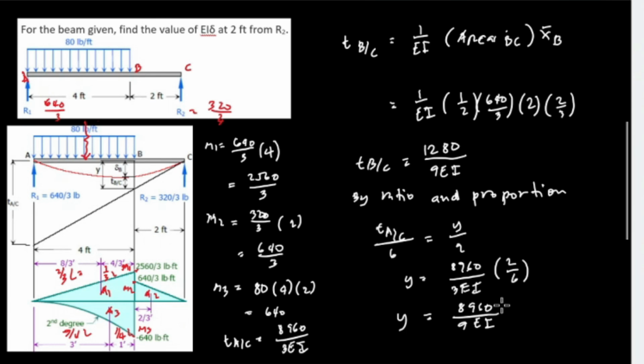And to find the deflection at point B, the deflection at point B is equal to Y minus T sub BC.